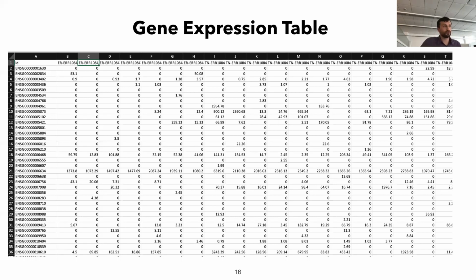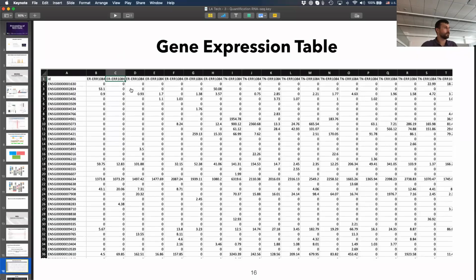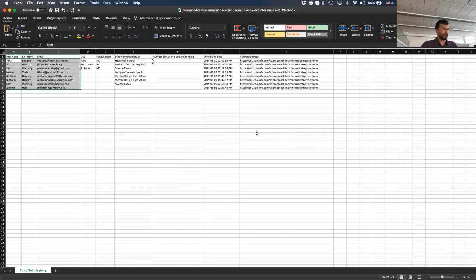Okay, well, if you don't remember, are they levels of expression of certain isoforms? Well, yeah, so these are genes, but let's go back to Excel really quickly and take a look.